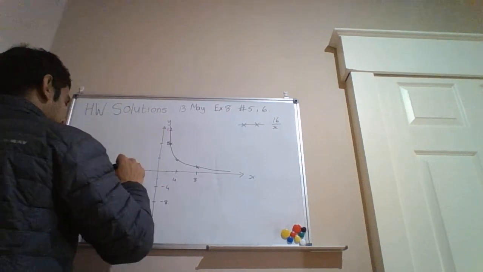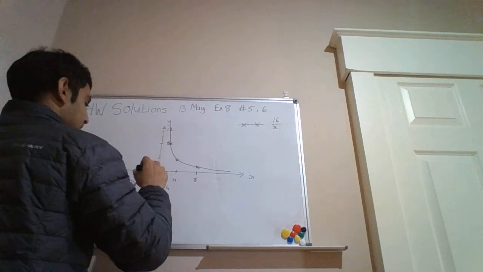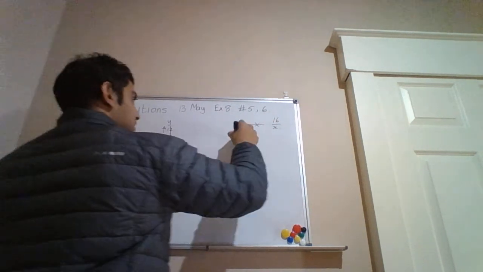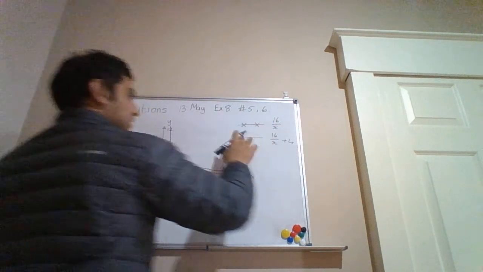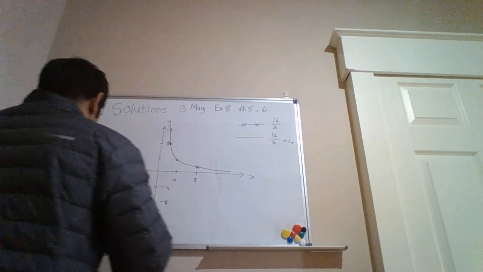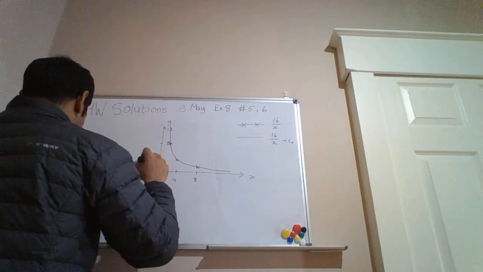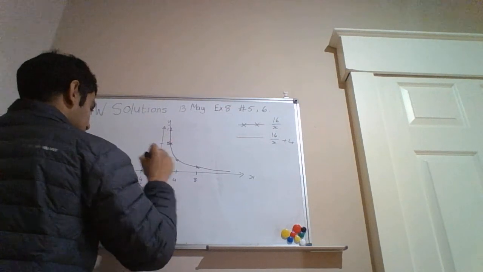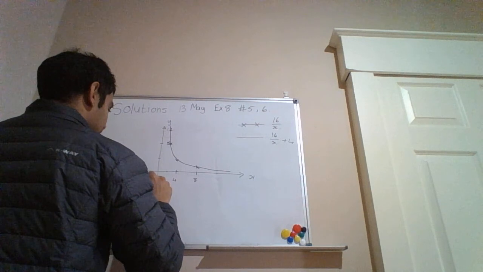So minus 8 and 2. Sorry, let me just put my key. 16 over x plus 4. So the other graph is just going to be a solid line. Minus 8 and 2, minus 4 and 0, minus 2 and minus 4.